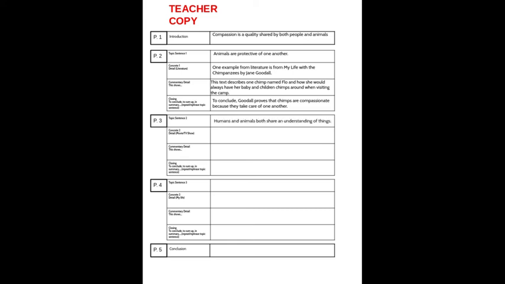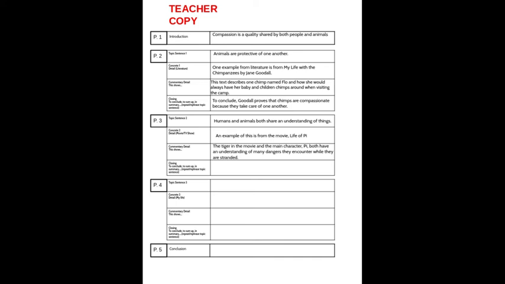Humans and animals both share an understanding of things. An example of this is from the movie Life of Pi. Now I'm going to describe how the movie proves my topic sentence. So I'm going to give some extra information here.